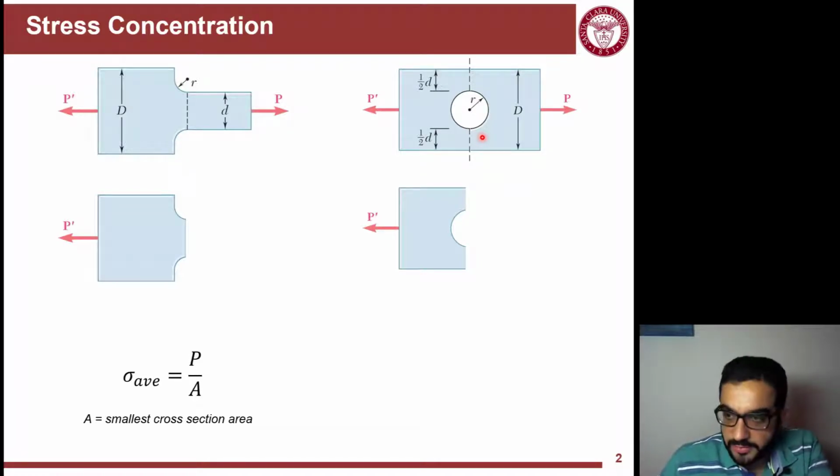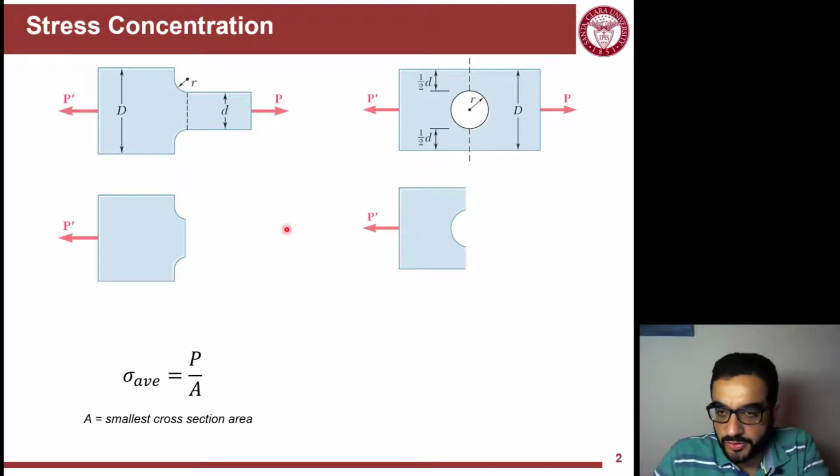Now, researchers got interested in what's really happening because of these notches and holes. When you do machining of material, you cut a hole or punch holes through the material, you are actually causing some weak points around these transitions.